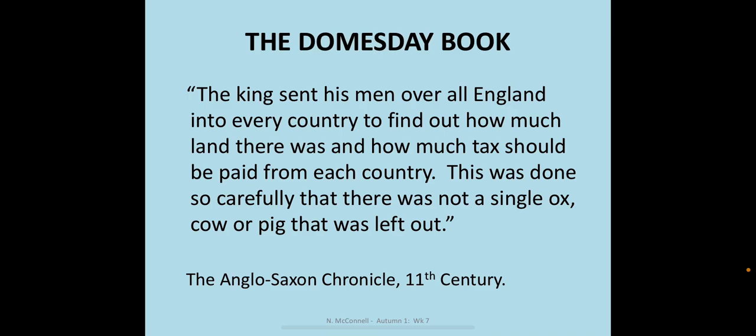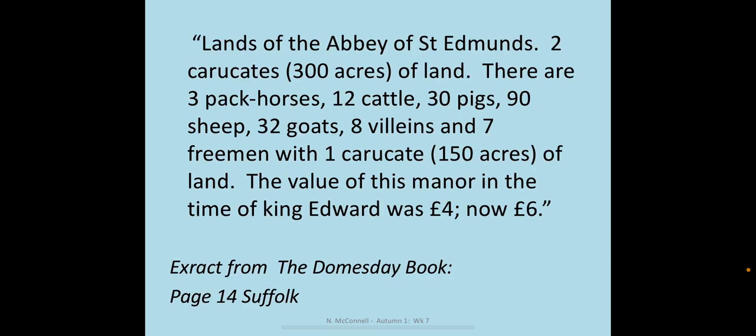Now, what this is telling you is that William's solution was to send people out to create a record of everything that everyone owned. That is a big task for him to try and undertake. This extract tells us a little bit more. It says, lands of the Abbey of St Edmunds, 2 carucates or 300 acres of land.